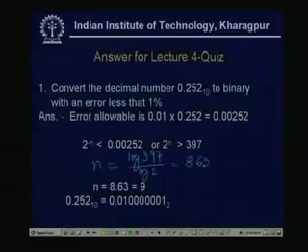Now, as n is the number of bits, this should be some integer value, and that is why we are taking the nearest integer, 9. So, if you take n equal to 9 bits after the decimal point, the error will be less than 1%.